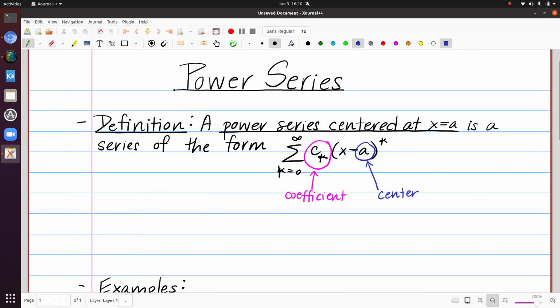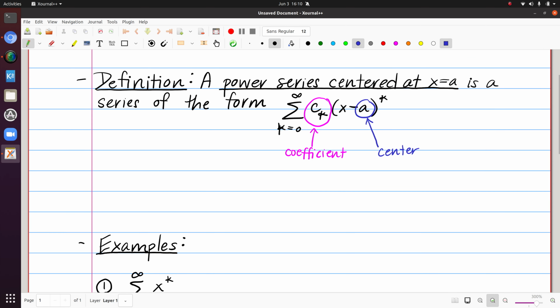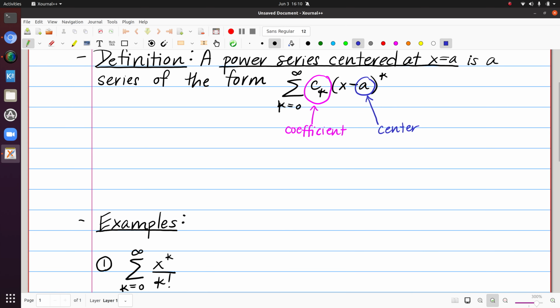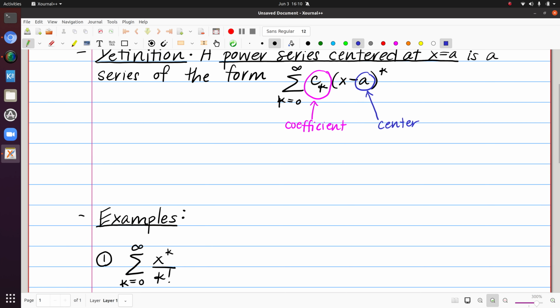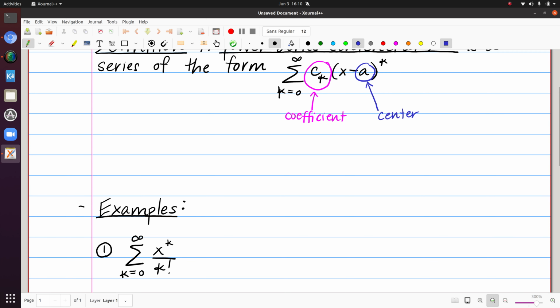So to see some specific examples, one of the things I'd like to do here is identify some of these pieces for our specific examples. So what I have here, first of all, is a power series. And when I'm thinking about what the center is and what the coefficient is, notice here that my center is 0.